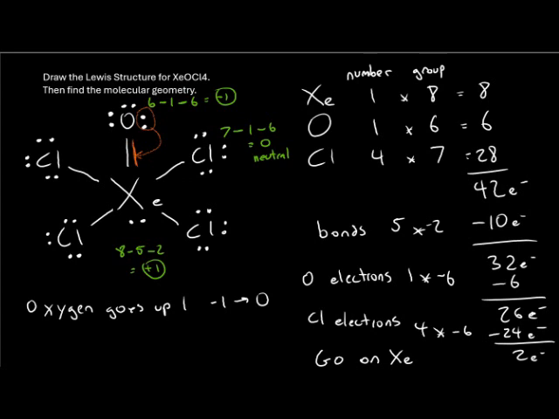Xenon, since it's gaining access to new electrons, will go down in charge by 1. Meaning it started at +1, but will go down 1 also to neutral. So the most stable structure is not the version that has the single bond between xenon and oxygen, but the version that has the double bond. We're going to base our answer for the molecular geometry on this new structure.